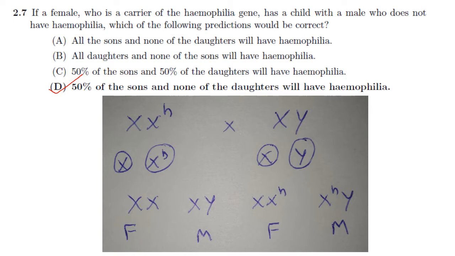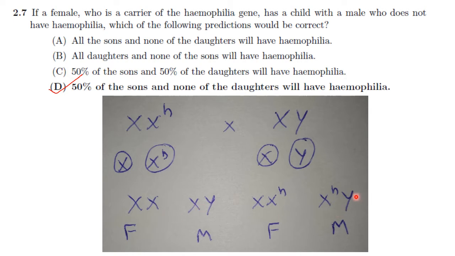So there is a female parent who is a carrier of hemophilia, and this is the genotype of the female parent who is carrier, XX^H, and male who does not have hemophilia, XY, and they get children by fusion of the gametes. So X and X^H will be the gametes in female and X and Y will be the gametes in male, and upon crossing you will get XX, XY, XX^H, X^HY.